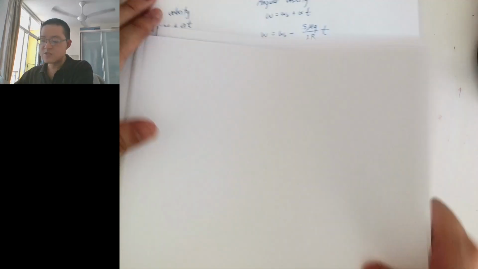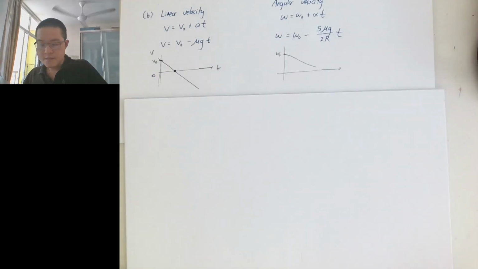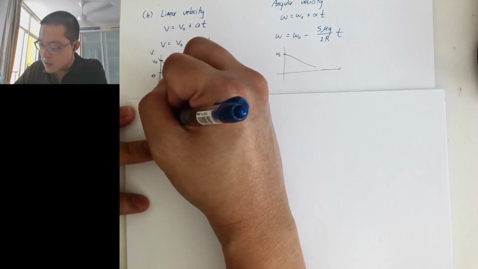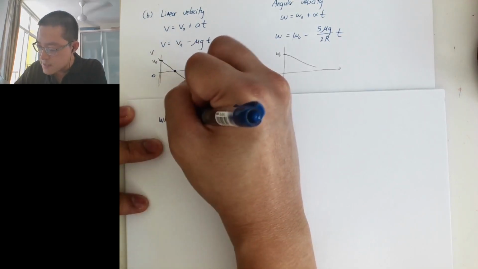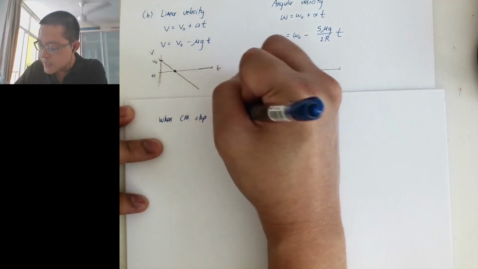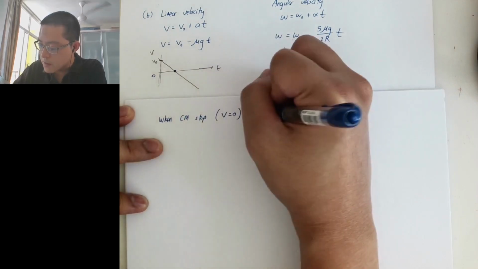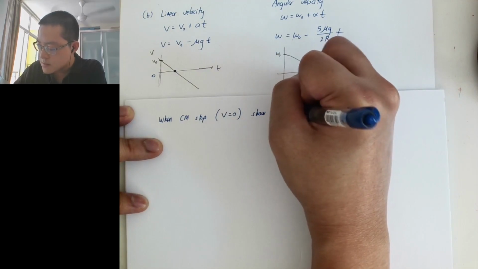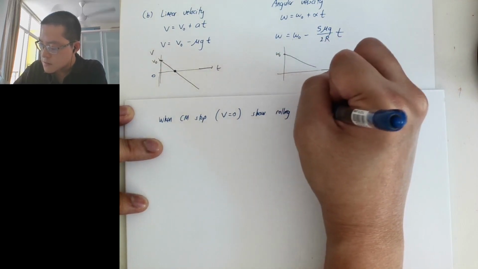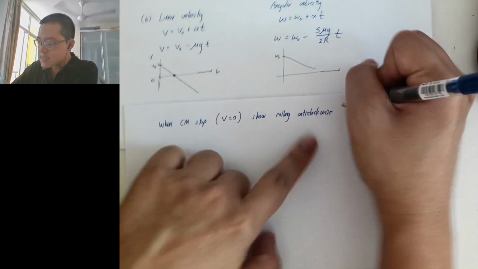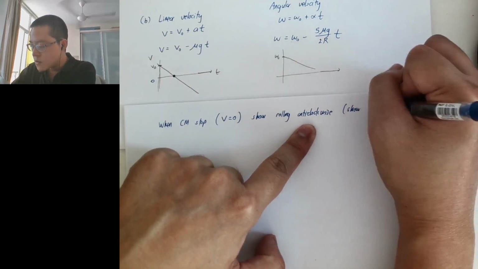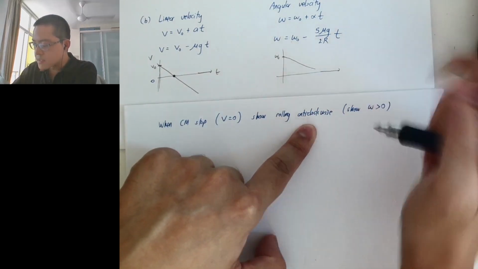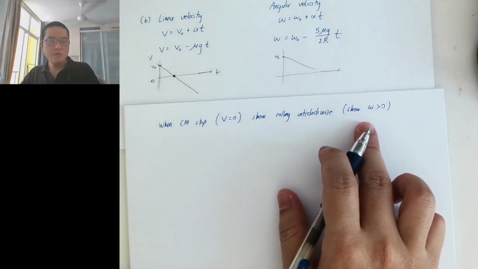So question B is: when the center of mass stops, this means V equals 0, show that the ball is rolling anti-clockwise. What this means is show omega is positive when V is equal to 0. That is all it says.